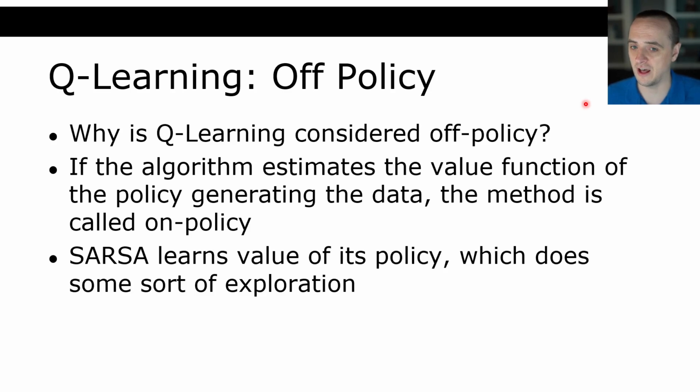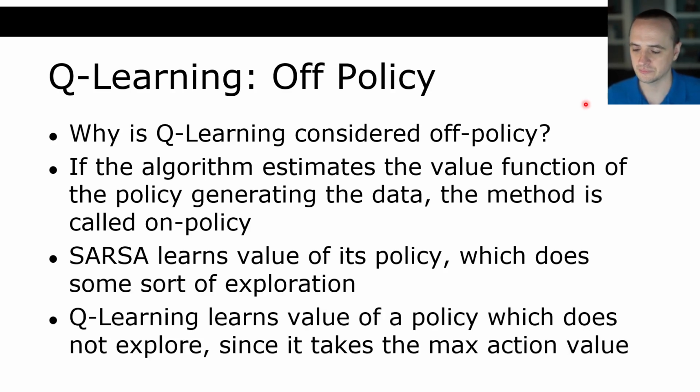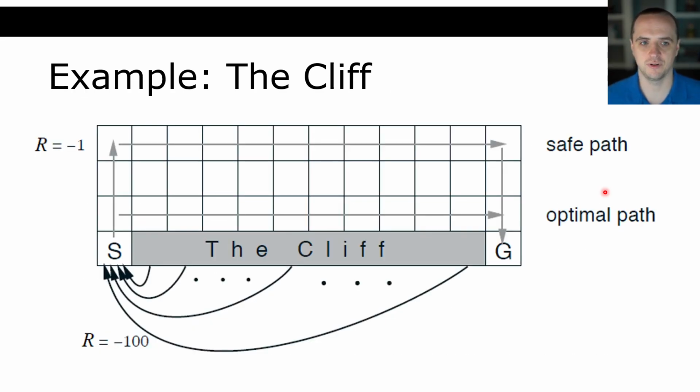SARSA learns the value of its policy, which does some exploration. However, Q-Learning learns the value of a policy which does not explore because it takes the maximum action value. And here's an example of that.